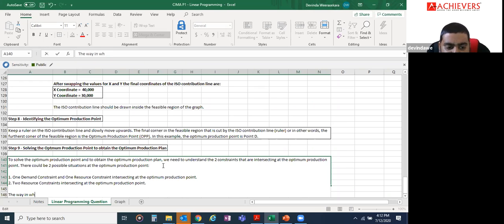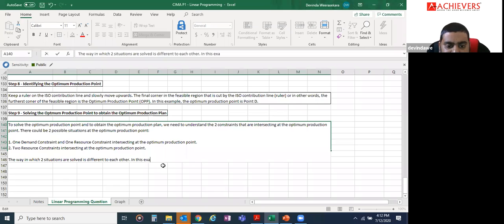The way in which the two situations are solved is different to each other.